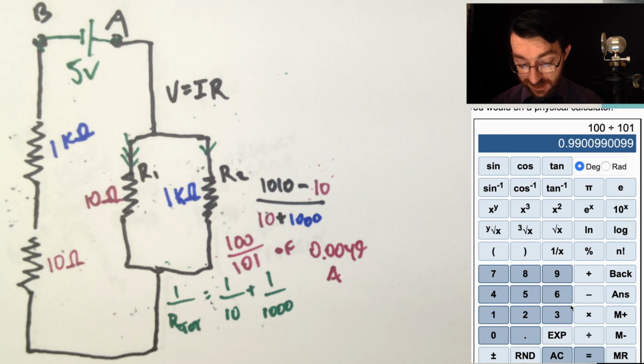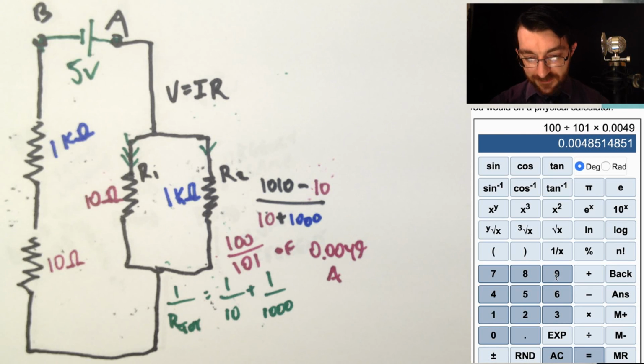Most of it, it's 99%, times 0.0049. Okay, so it actually rounds up to 0.49, but I can't do that because then I'll have 0 with a rounding error. So 0.00485. Let me go ahead and write that here.